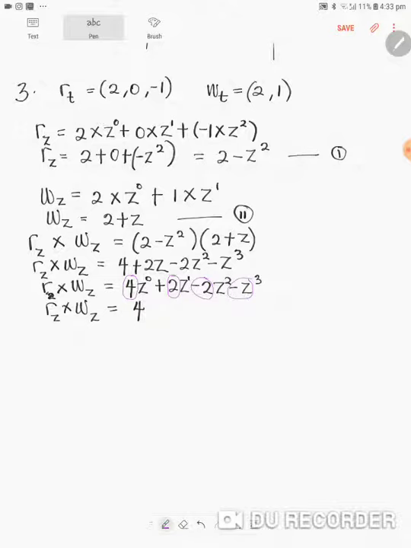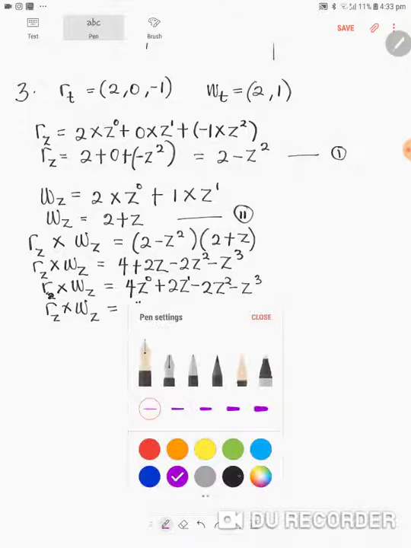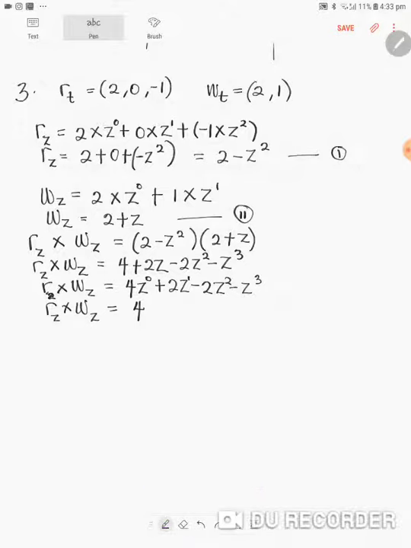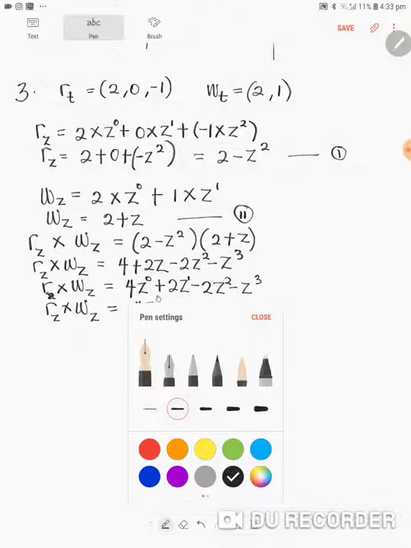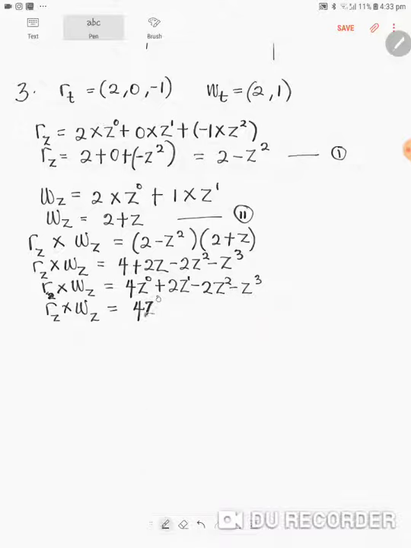Okay, we may not. So I guess let me do something so that we are all on the same page. So it will be Z square, and 0 raised to power 0, 0 raised to power 0, plus 2 Z raised to power 1 plus minus 2 Z raised to power 2, then plus minus 1 Z raised to power.